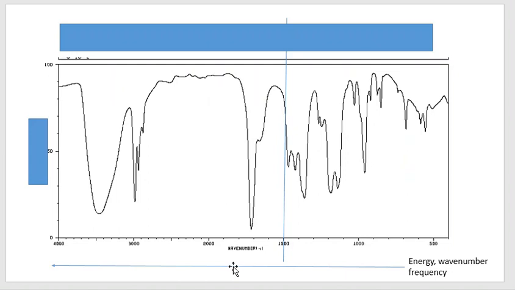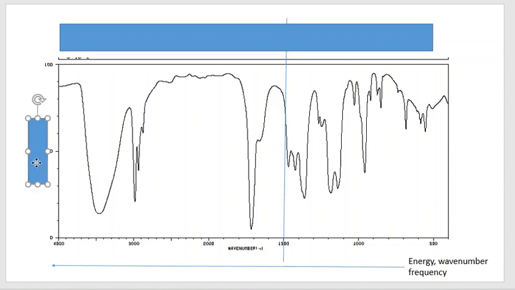Instead of a wavelength in meters or nanometers, we use wave number. Wave number is actually inverse centimeters, and it is proportional to frequency. So as the wave number goes up, frequency also goes up, energy also goes up. Whenever you see a wave number, think you're looking at IR.